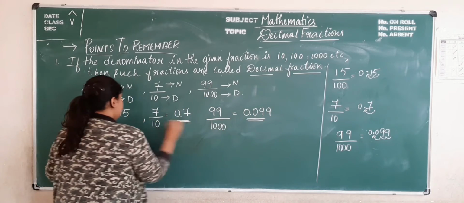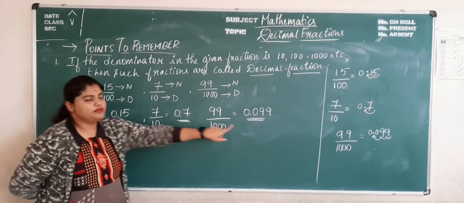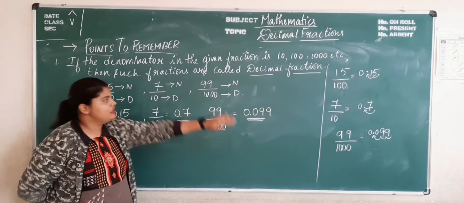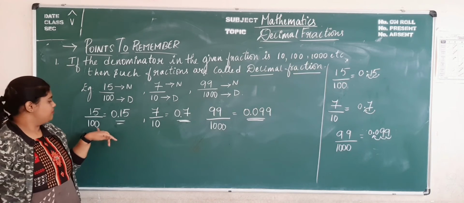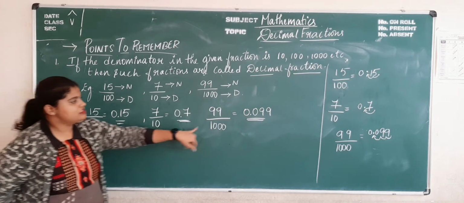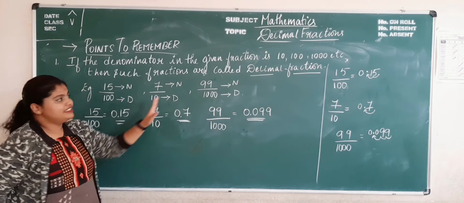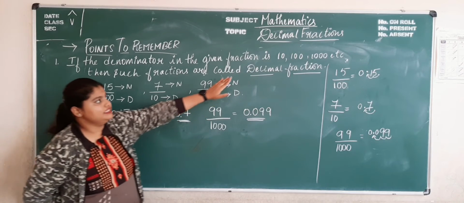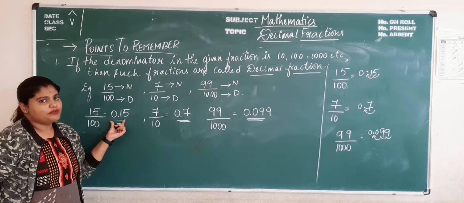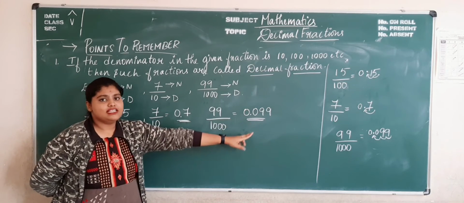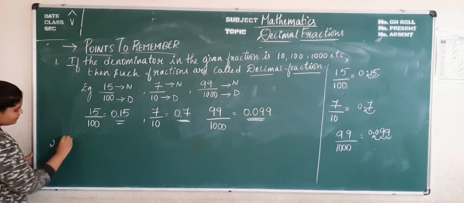So I can represent these decimal fractions in the form of decimal numbers. Is it clear? So I can write it two ways. When I divide by the given denominator, I will get these values. If I write in terms of thousands, hundreds, tens in the denominator, then it is a decimal fraction. If I write the number with a decimal point, they are called decimal numbers. So write the next point.